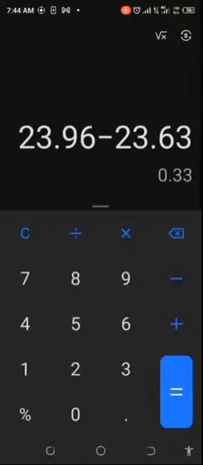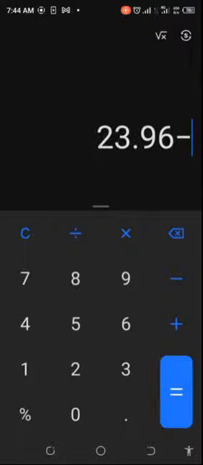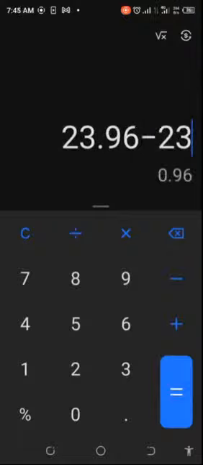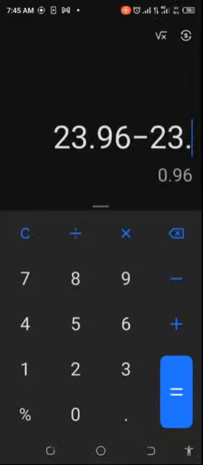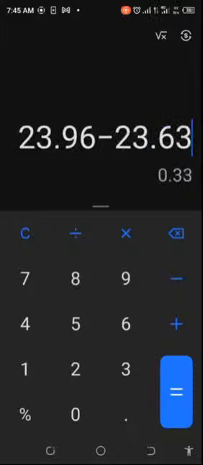Now, what is 33 cents? That's obviously over 1%. All right, let's just check that out in terms of the calculations. We're going to use 23.63 for this calculation, because that's what actually came in.